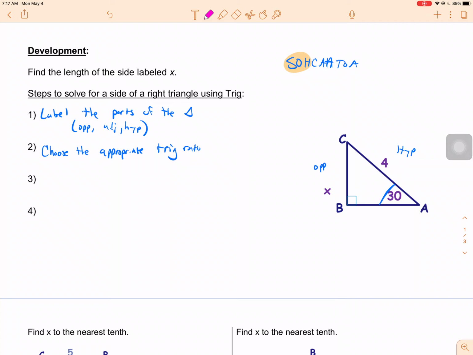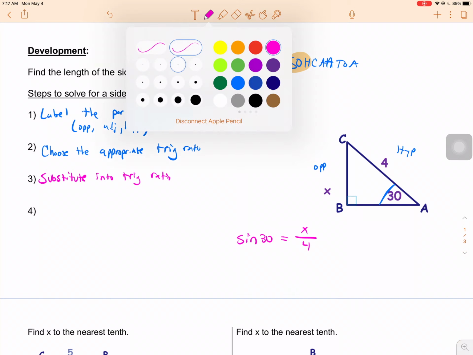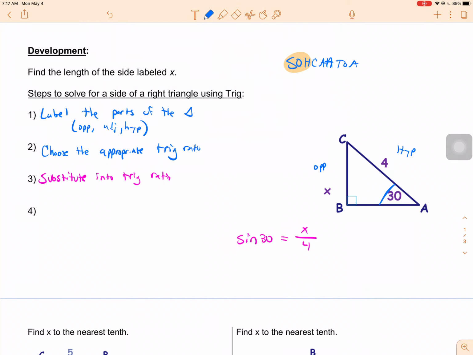Step 3, substitute into the trig ratio. So that means the sine of 30 degrees is going to equal opposite over hypotenuse. And finally, step 4, put the trig ratio over 1, cross multiply and solve.